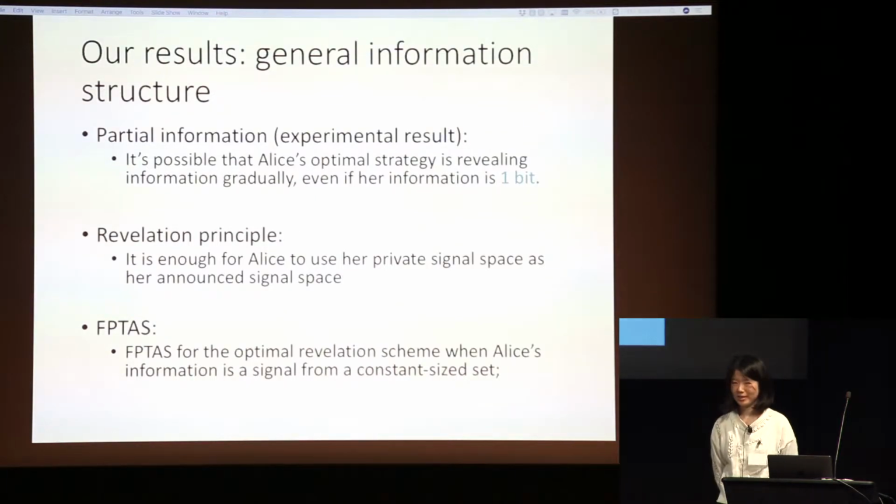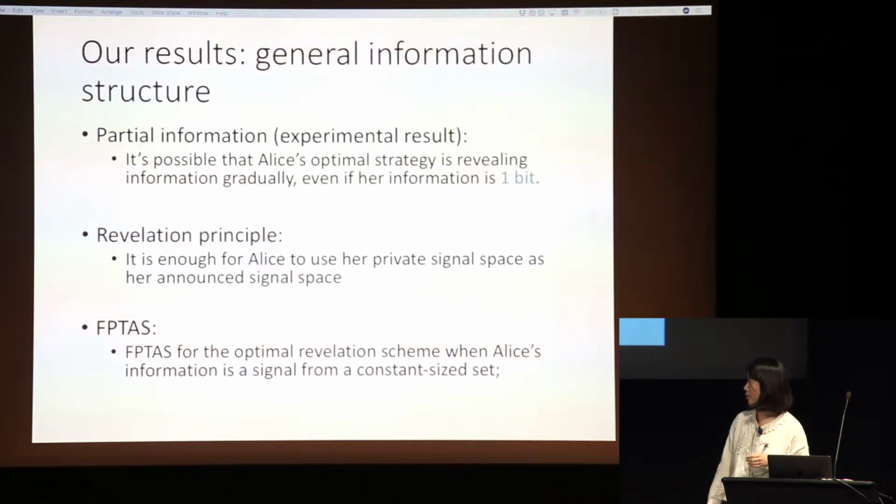And we also show what we call the revelation principle. It is enough for Alice to pick her signal space to be her private information space. So maybe computing the optimal strategy is complicated, but it's not that complicated, because we don't need to consider the case where Alice has a very complicated signal space.